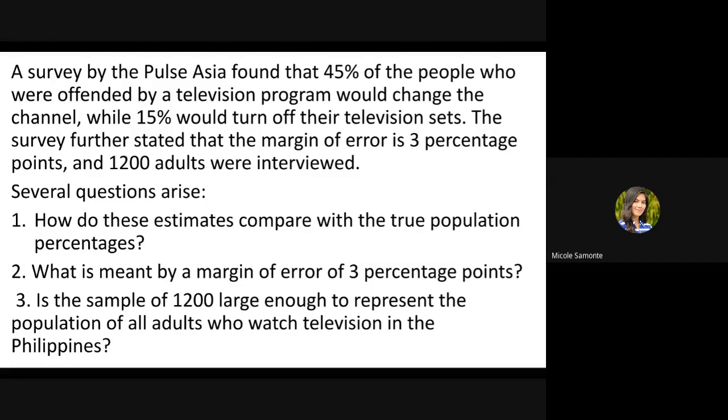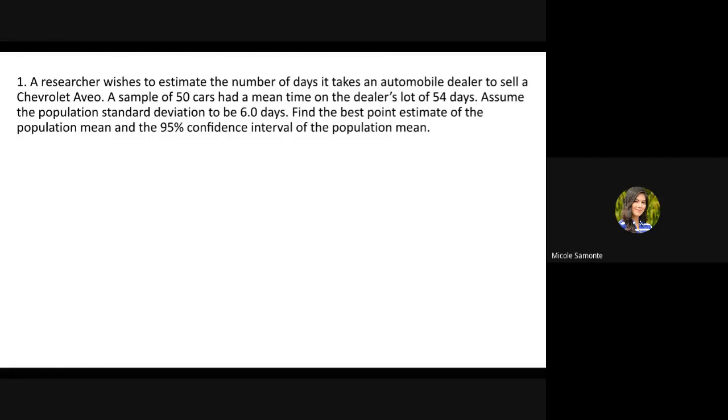Okay, so for us to answer these questions, let's have the following example. So we'll be computing now. I hope naka-ready yung ating mga calculator. So a researcher wishes to estimate the number of days it takes an automobile dealer to sell a Chevrolet Aveo.